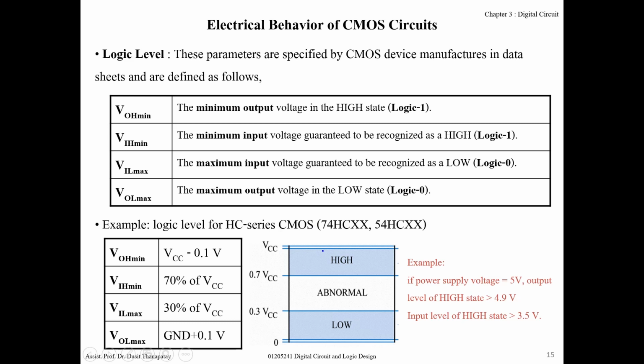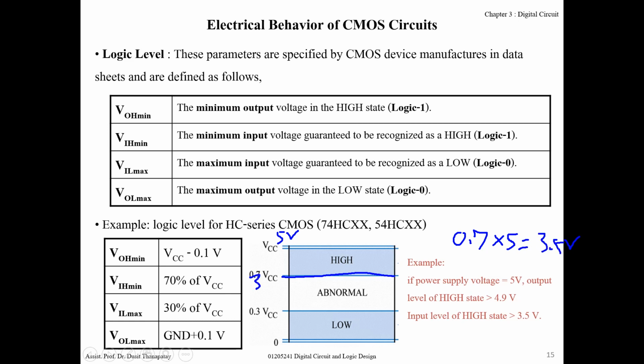For logic high, it is covered from 70% of VCC to 100% of VCC. For example, if your VCC is 5 volt, the minimum value that should be logic high is 0.7 multiplied by 5, which becomes 3.5 volt.